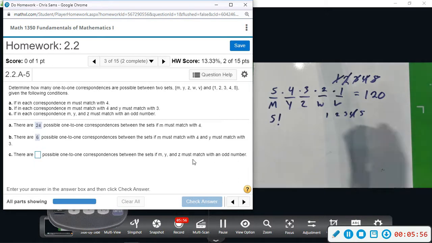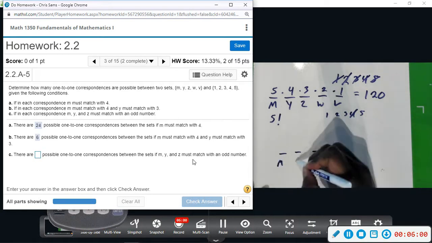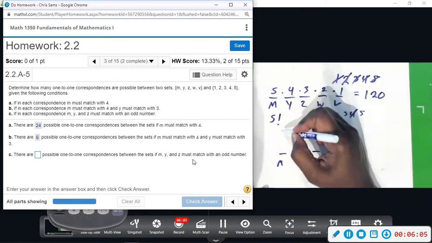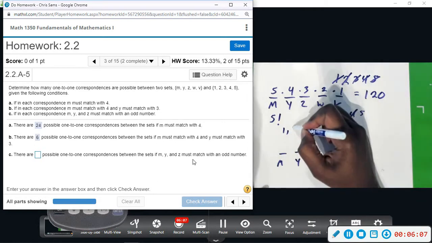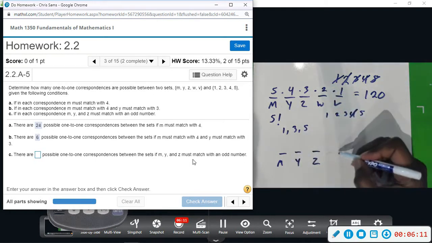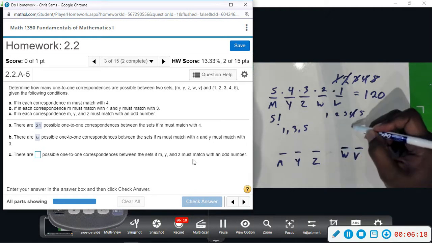We'll have 2 different groups: M, Y, Z, and then W and V. Out of 1, 2, 3, 4, 5, we have 3 odd numbers: 1, 3, and 5. These guys have to match with an odd one. And then the other 2, W and V, are going to be paired up with the even ones, 2 and 4.